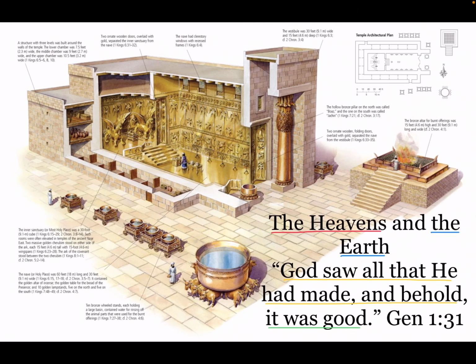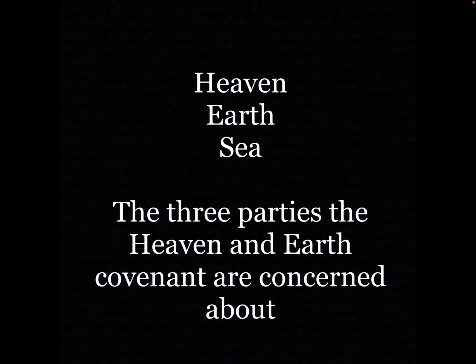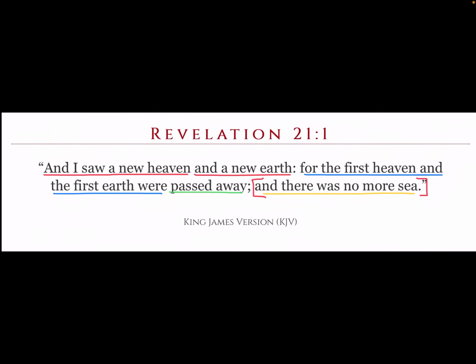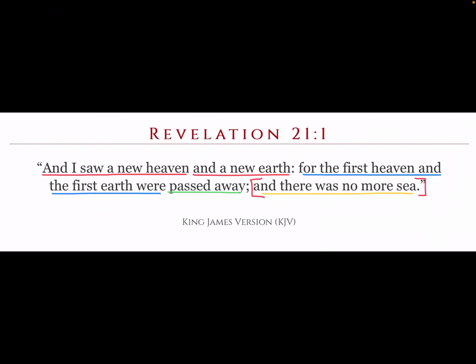The heavens and the earth, God saw all that he made, and behold, it was good. The heaven, the earth, and the sea, the three parties the heaven and earth covenant are concerned about. Revelation 21. And I saw a new heaven and a new earth, for the first heaven and the first earth were passed away, and there was no more sea.